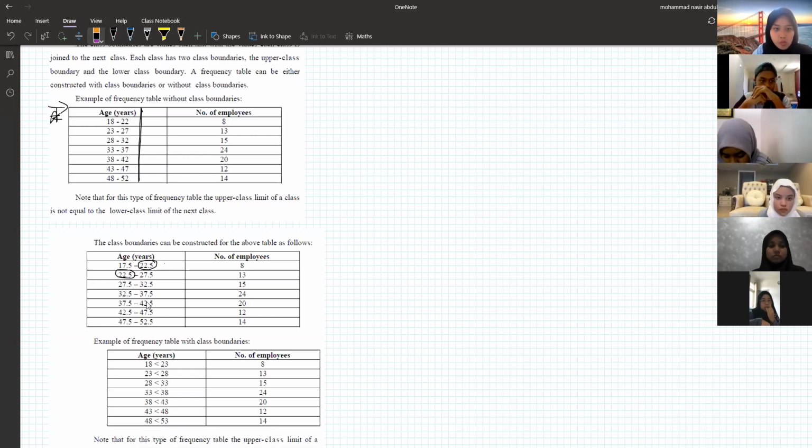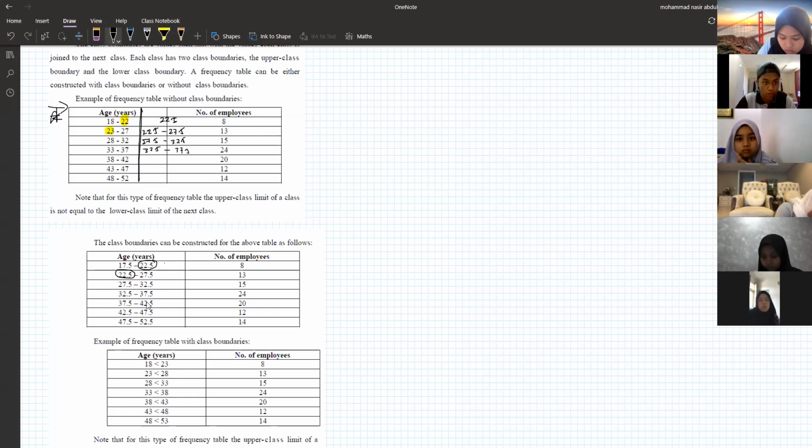If you want to calculate the class boundary, it's 22 plus 23, divided by 2. That is, the upper class limit of the class plus the lower class limit of the next class, divided by 2. So it becomes 22.5, right? So the lower class boundary here is also 22.5. So this one is going to be 27.5, 27.5 until 32.5, 32.5.